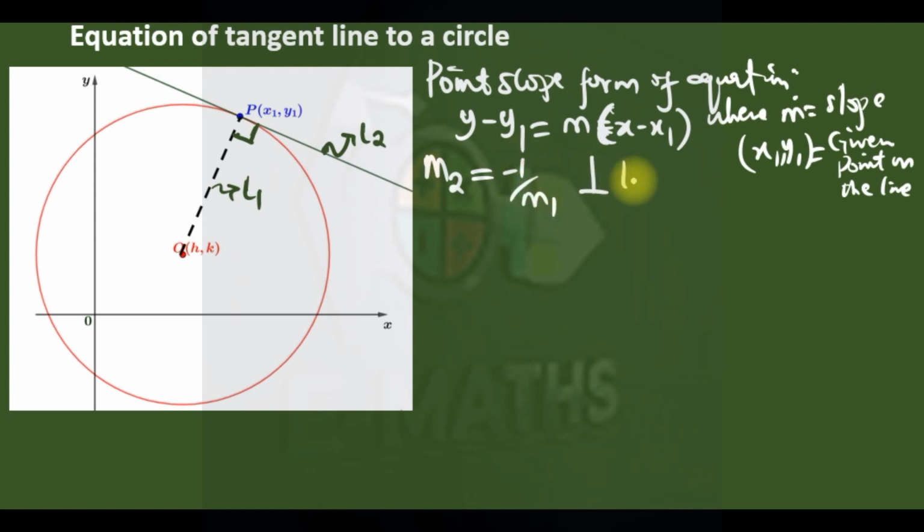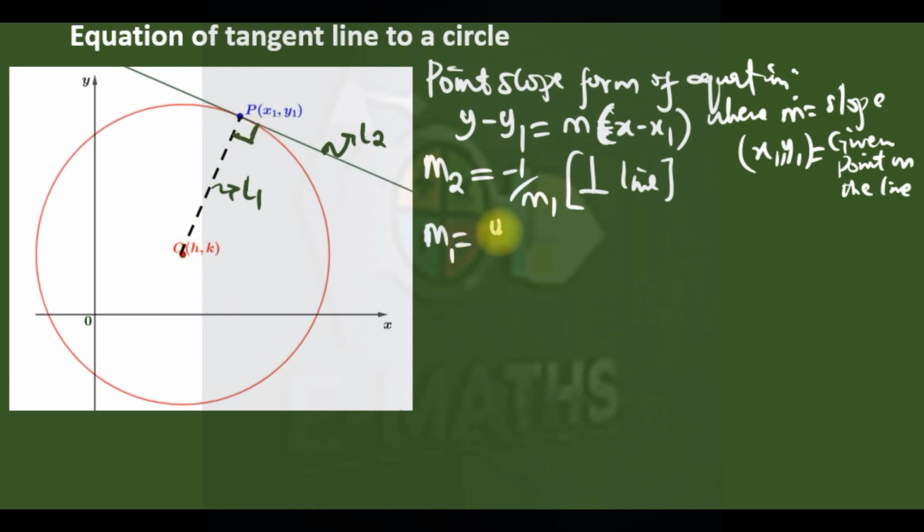That's for perpendicular lines. So once we know the slope M1, we know M2. So let's get the slope M1. We are given 2 points, and to get the slope of a line, we need 2 points. So M1 is the slope of this line OP.